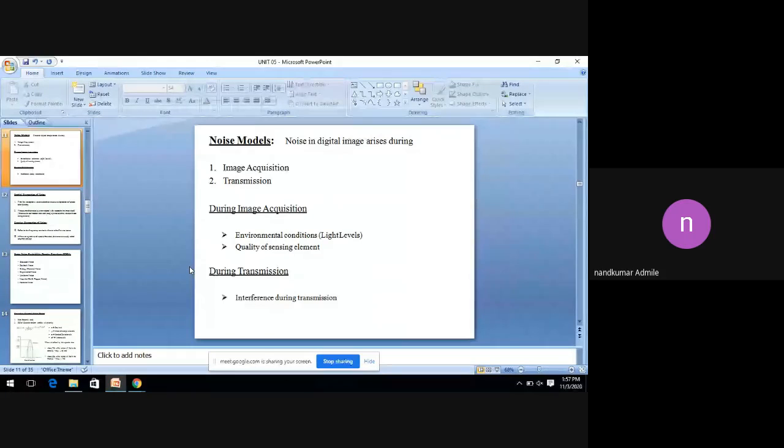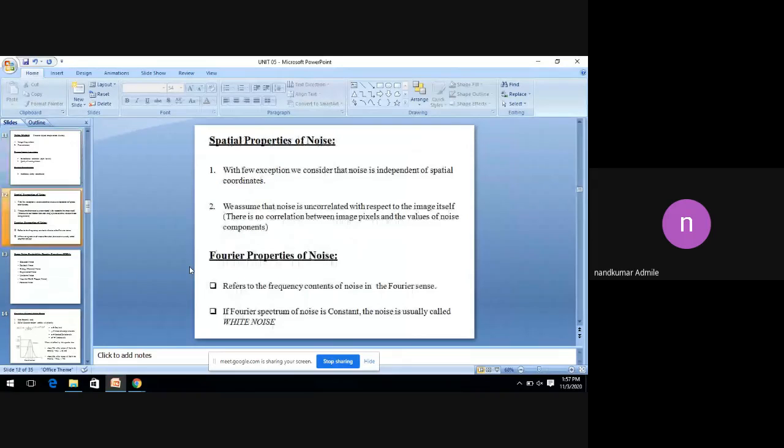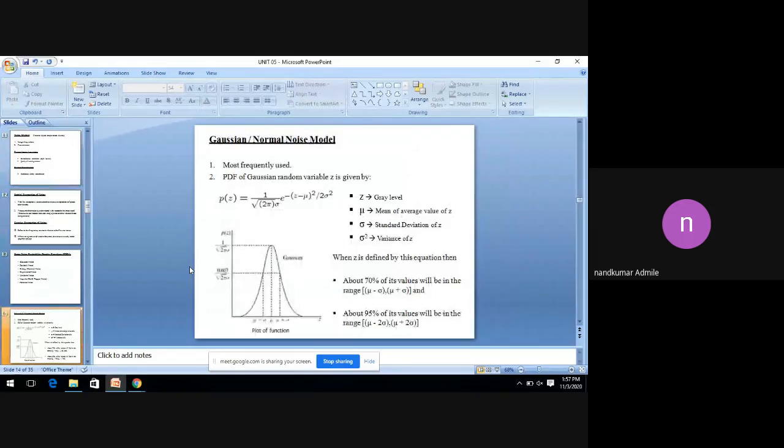So how can we identify the noise? To identify the noise, we can study the different types of plot functions, and by using the mathematical equations, we can represent the six different types of noise models.